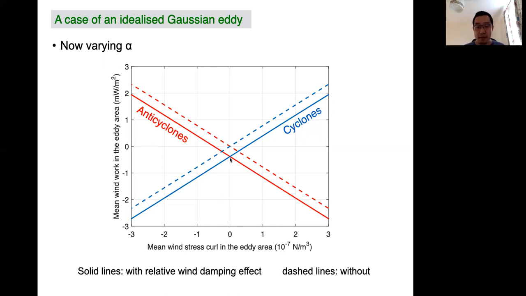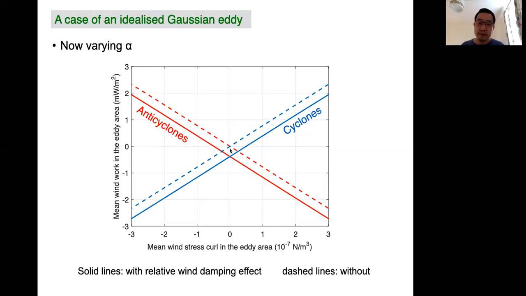Okay, so there are a few lines. The blue lines are for cyclonic eddies, and the red lines for anticyclonic ocean eddies. The solid lines include the relative wind stress damping effect, and the dashed lines have no relative wind stress damping effect. So basically, the calculation was done using absolute wind stress.